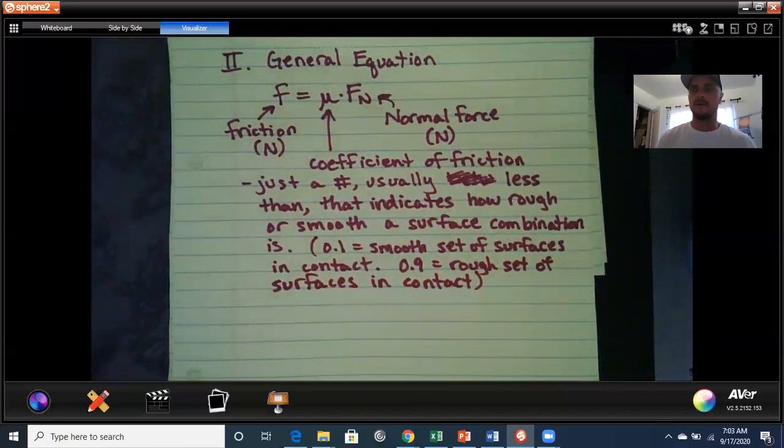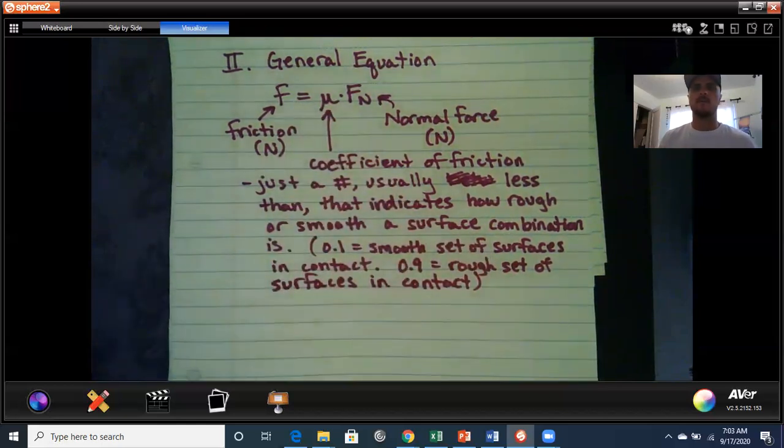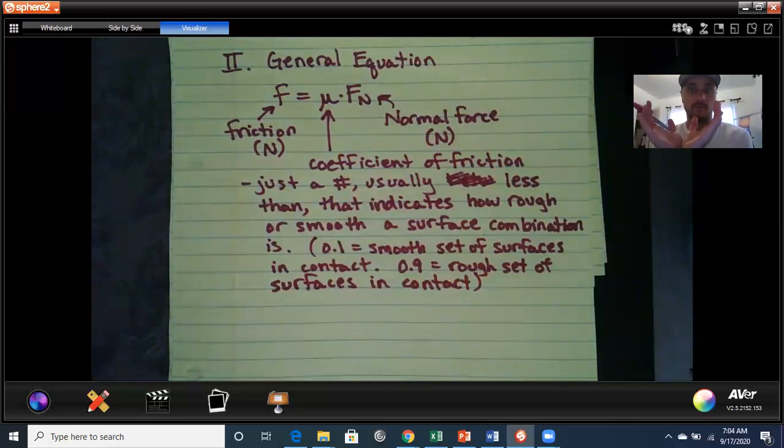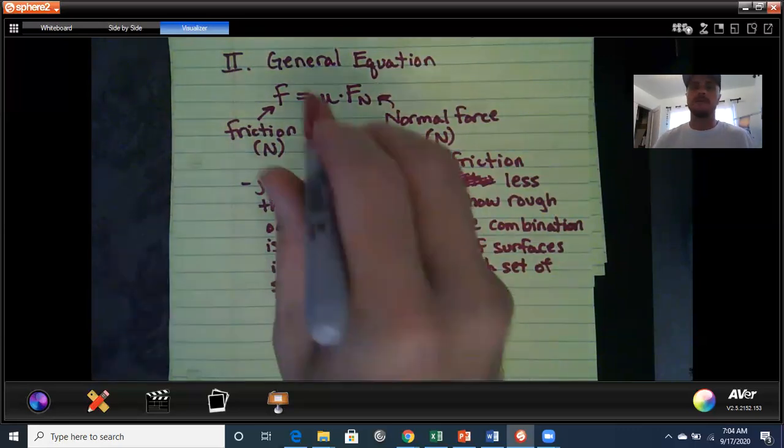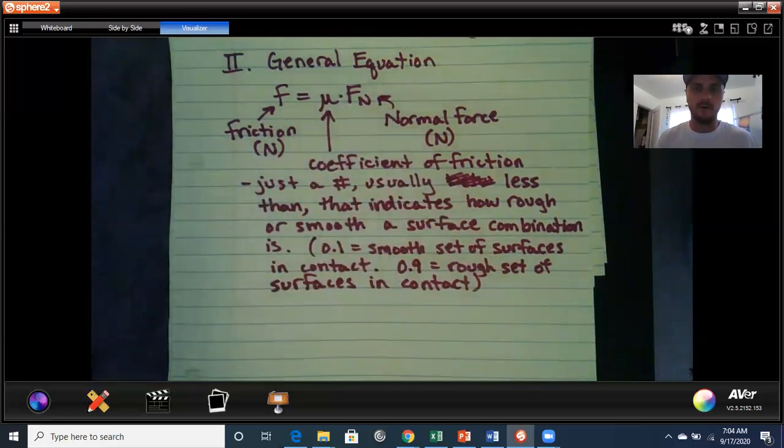And I'm telling you right now that there are tables that you can look up online or in the back of your book probably that have a ton of values for this coefficient of friction for two different types of surfaces in contact. We could be talking about, how about rubber on tires, right, on asphalt? That would be a common coefficient of friction that we would be interested in knowing if we were manufacturing tires, right?